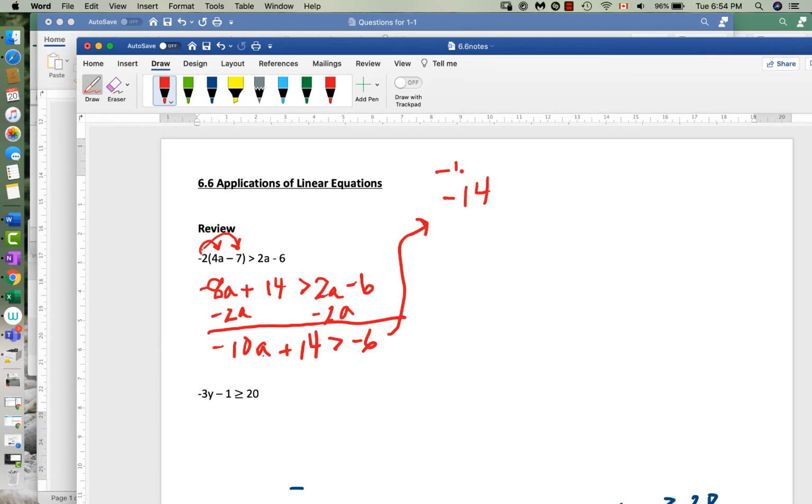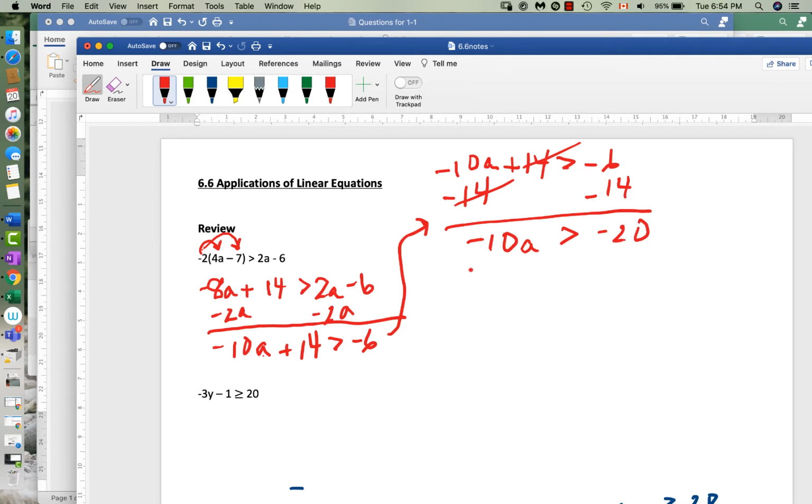If I write this again, minus 10a plus 14 is greater than minus 6. Subtracting 14 from both sides gives us minus 10a, and the plus 14 and the minus 14 cancel each other out. Minus 10a is greater than minus 6 minus 14, which is minus 20.